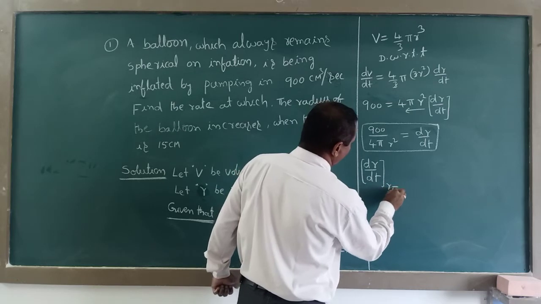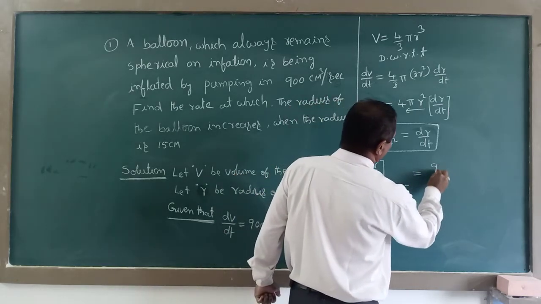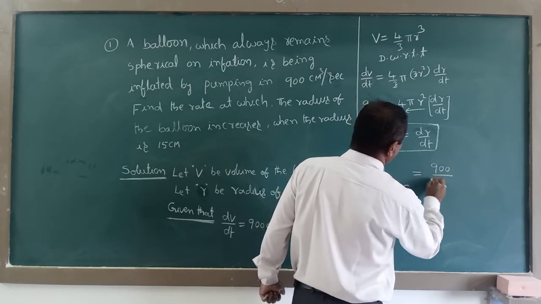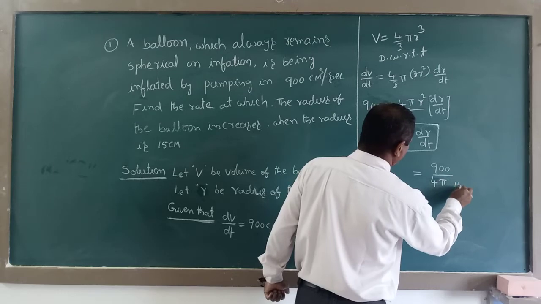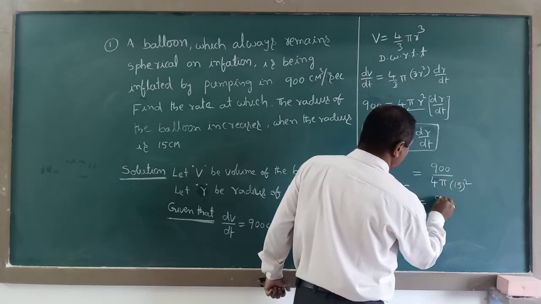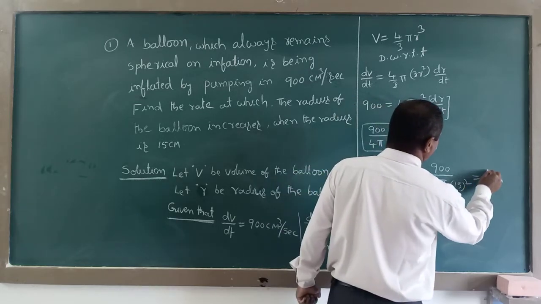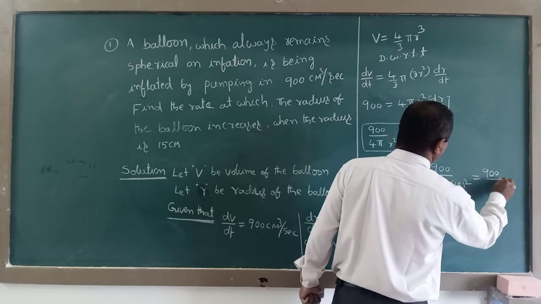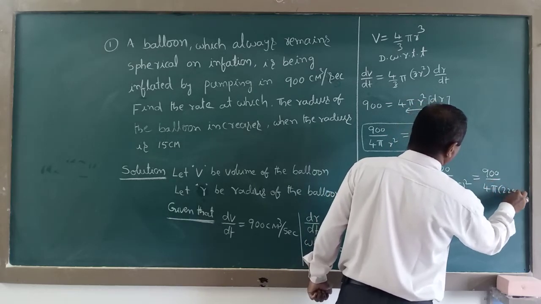dr by dt when r is equal to 15 centimeters is equal to 900 divided by 4 pi into r square, meaning 15 square, which is 225.